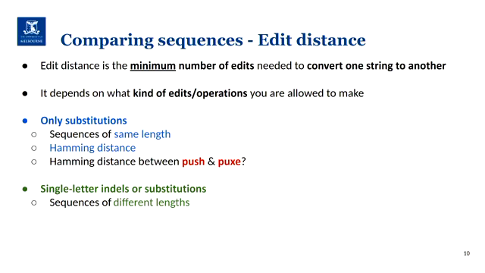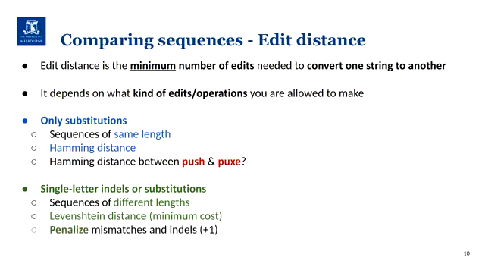If I can delete or add characters, I can consider sequences of different lengths, which is something quite important. And there is a simple algorithm to calculate that. So the minimum cost of single letter indels and substitutions to convert one string to the other is the Levenshtein distance, okay?